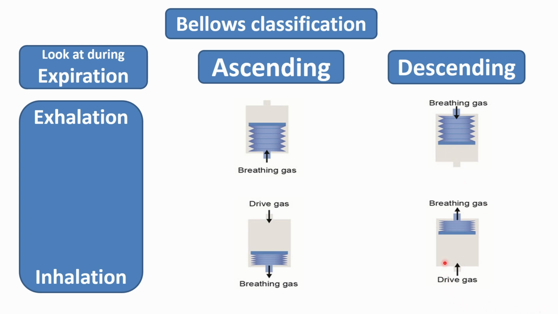After and during inspiration, the driving gas will push the air and it descends by gravity. So the patient will have a disconnection, but the descending pillow will work as if there is no disconnection.